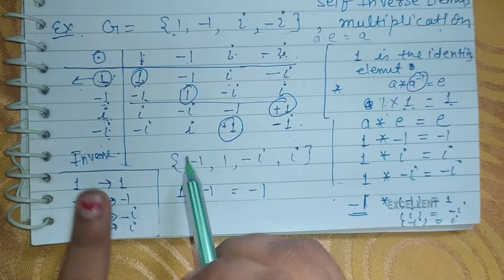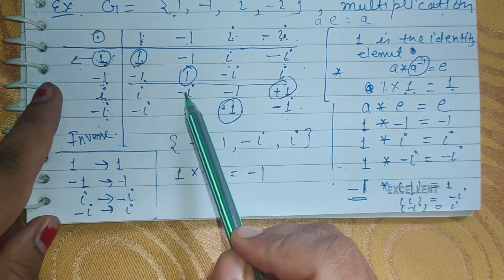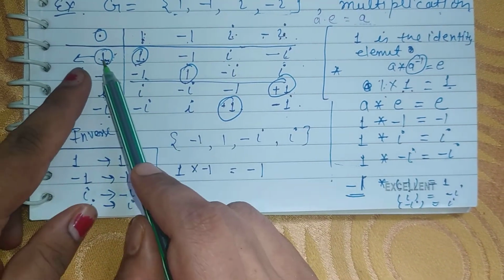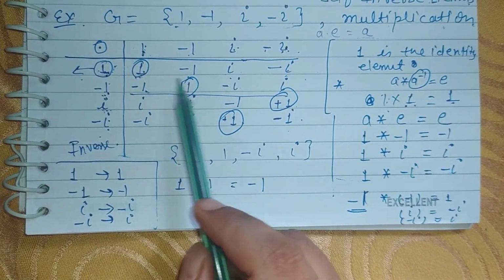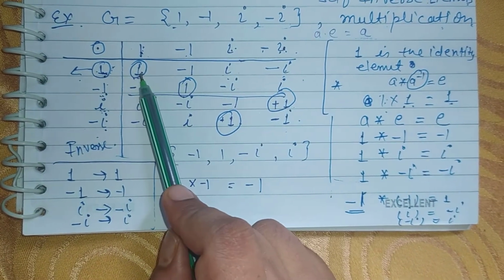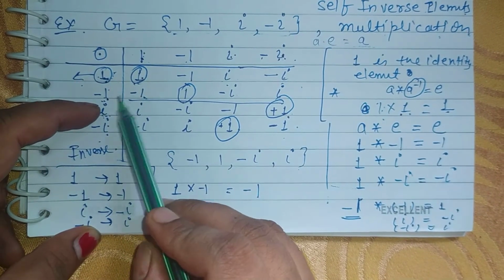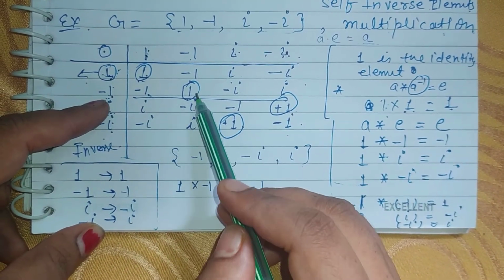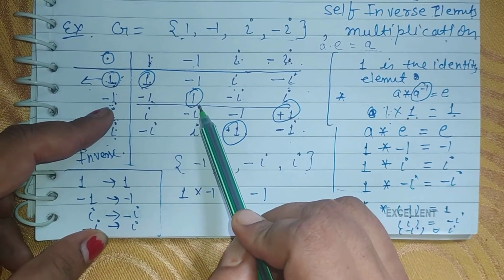So the most important thing, the next property is inverse. How can we find the inverse? By the Cayley table. So 1 is the identity. Mark all the 1 elements in the row. So first is 1. When 1 is operated with 1, the inverse of 1 is 1. The next one, where is 1? When minus 1 is operated with minus 1, it gives 1.